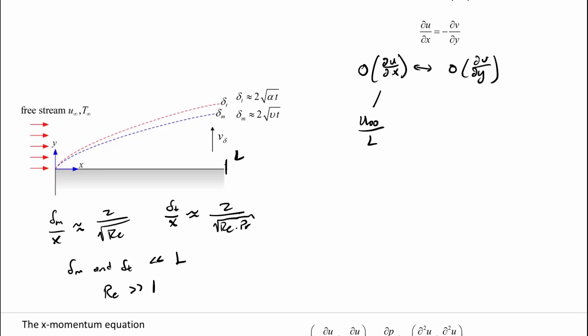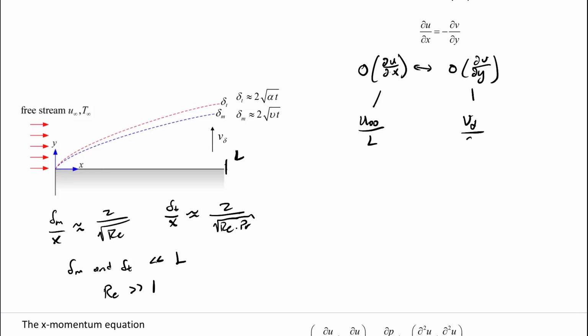Let's look at the y term. What's the velocity we're calling in the y direction? We call that v sub delta. So v sub delta is our y-directed velocity, and what's our biggest y dimension in this problem?